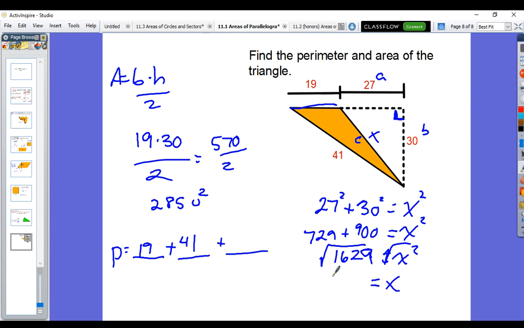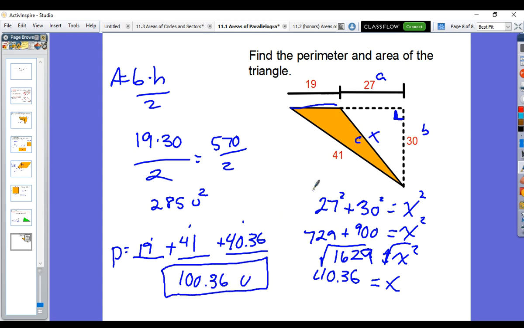X equals 40.36. We're going to carry 2 decimal places. Then we just add all 3 up: 19 plus 41 plus the 40.36 gets 100.36 units. This is just perimeter, so we just do units, no unit squared. And that is your parallelograms and triangles.